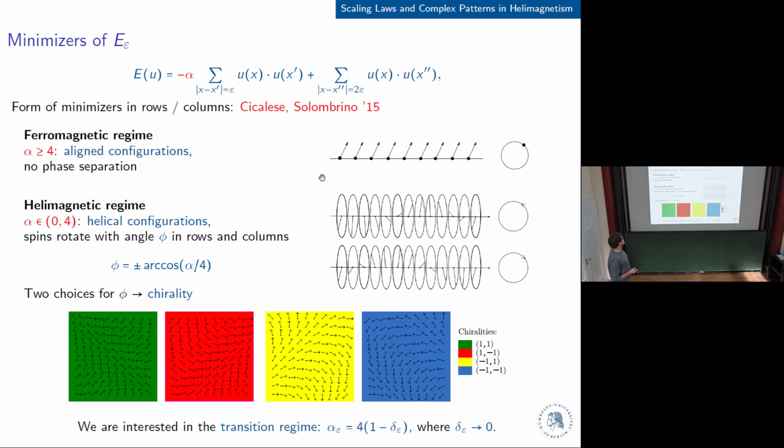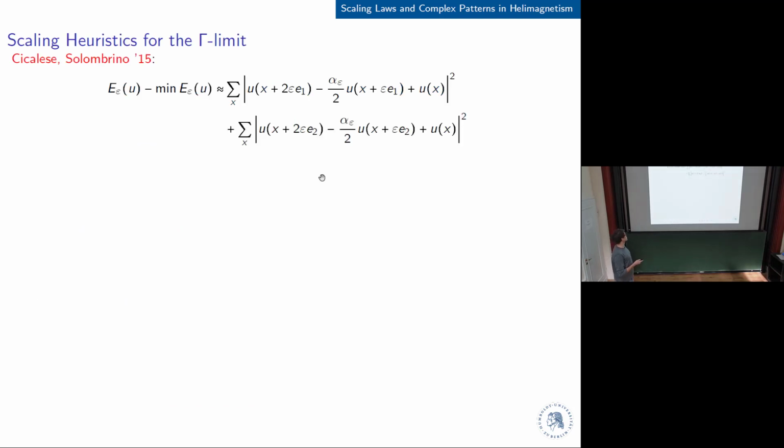And now what we'd be interested in would be the transitioning regime as alpha goes to 4 from below. So maybe interesting things happen. We write that in the way that alpha is given by 4 times 1 minus delta, and delta goes to 0, and essentially from now on we forget the alpha and simply have this delta.